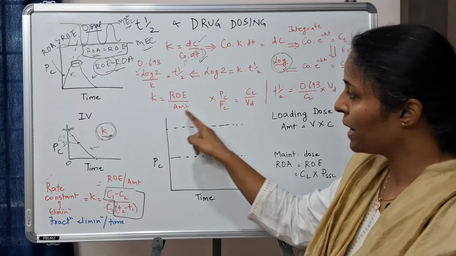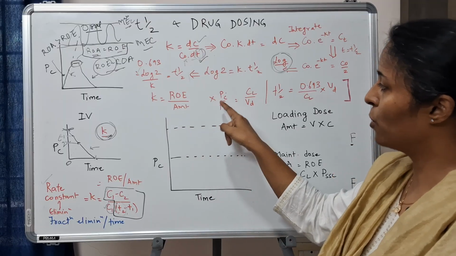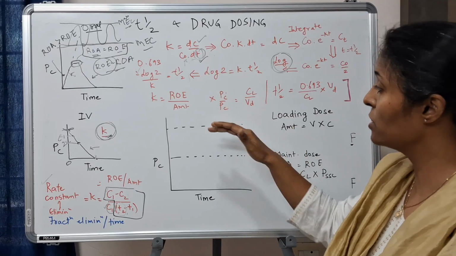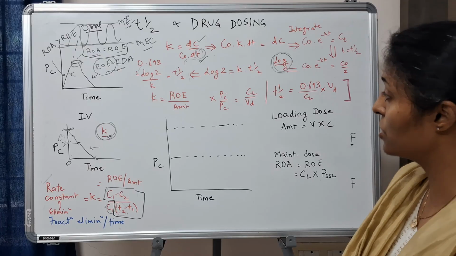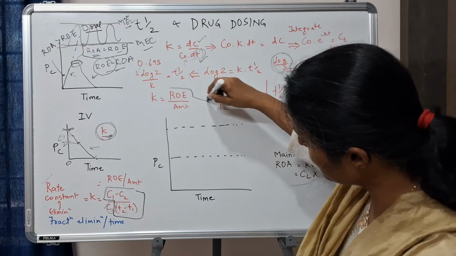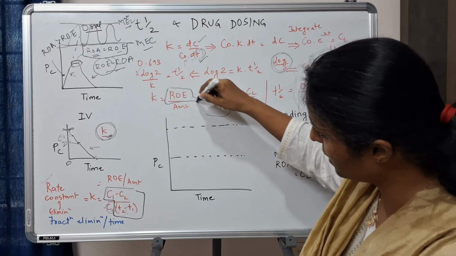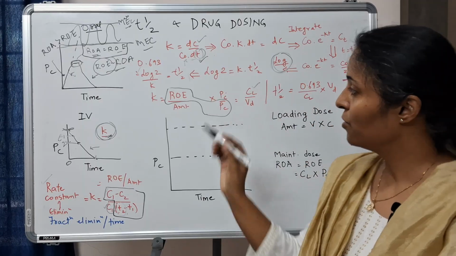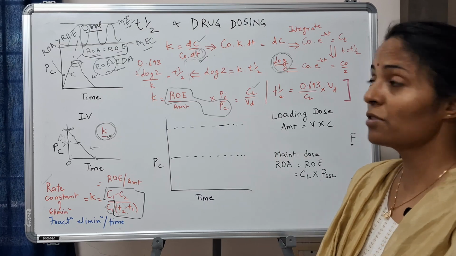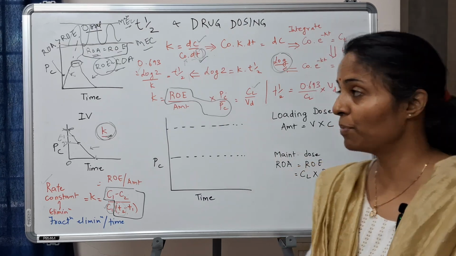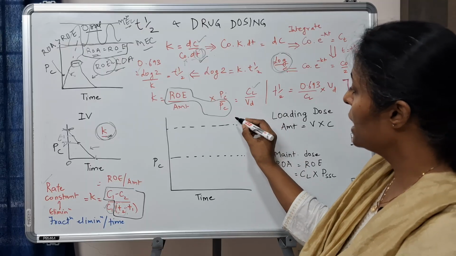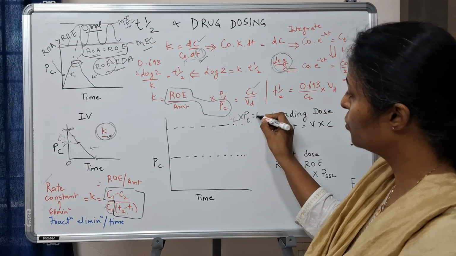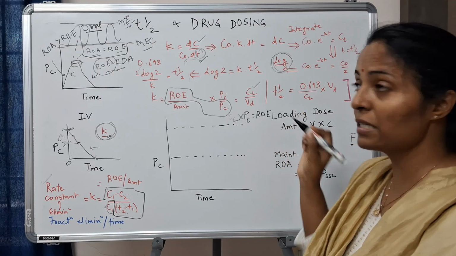Now if we multiply this rate of elimination divided by amount by plasma concentration of the drug, so we take the numerator also plasma concentration and the denominator also plasma concentration, then you see that rate of elimination divided by the plasma concentration is equal to the clearance. Okay, rate of elimination divided by plasma concentration is clearance. This again we had seen in the previous video, where we saw that clearance into plasma concentration is equal to the rate of elimination.